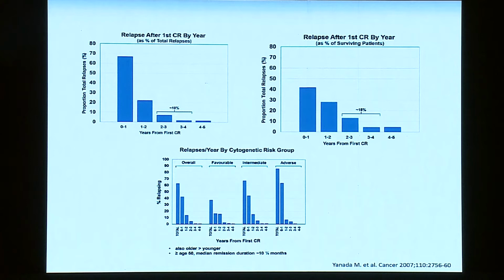There are two opinions in this case. For the people who do the MRD beyond 2 years, here in Canada, for example, due to financial issues and the financial crisis in the health system, they would call it a luxurious waste of money to do the MRD beyond 2 years. But if we look at this figure, we can detect patients early if they develop MRD positivity, and we can save some patients.